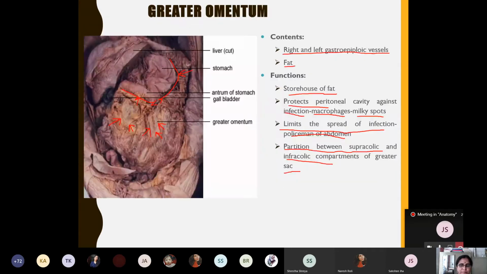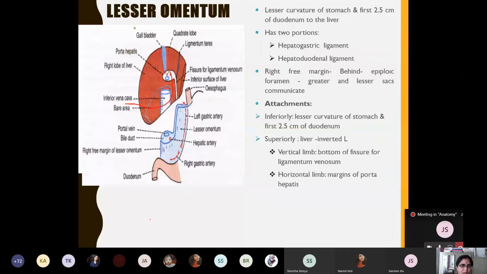Superiorly, it has an inverted L-shaped attachment to the porta hepatis. So the vertical limb is attached to the floor of the fissure for ligamentum venosum, and the horizontal limb is attached to the margin or lip of the porta hepatis.